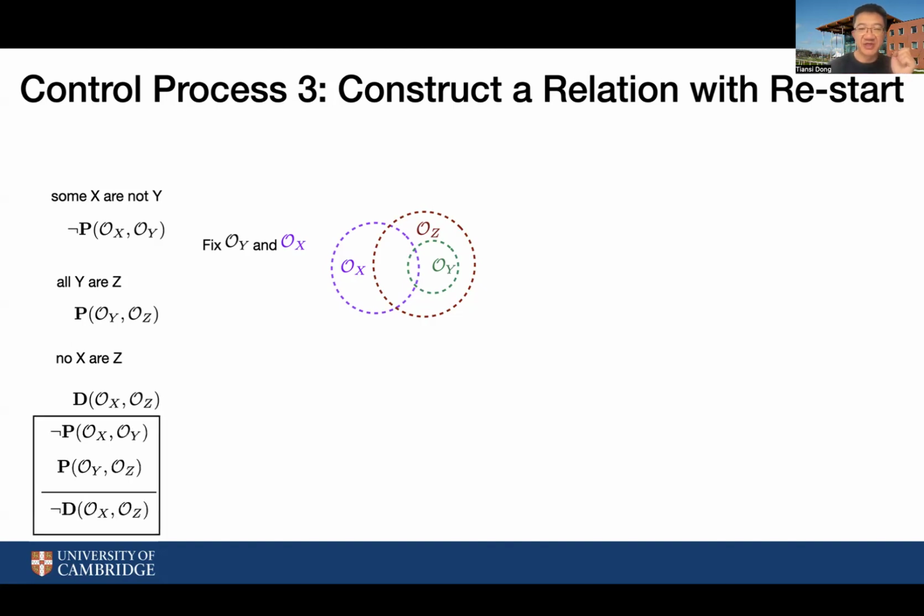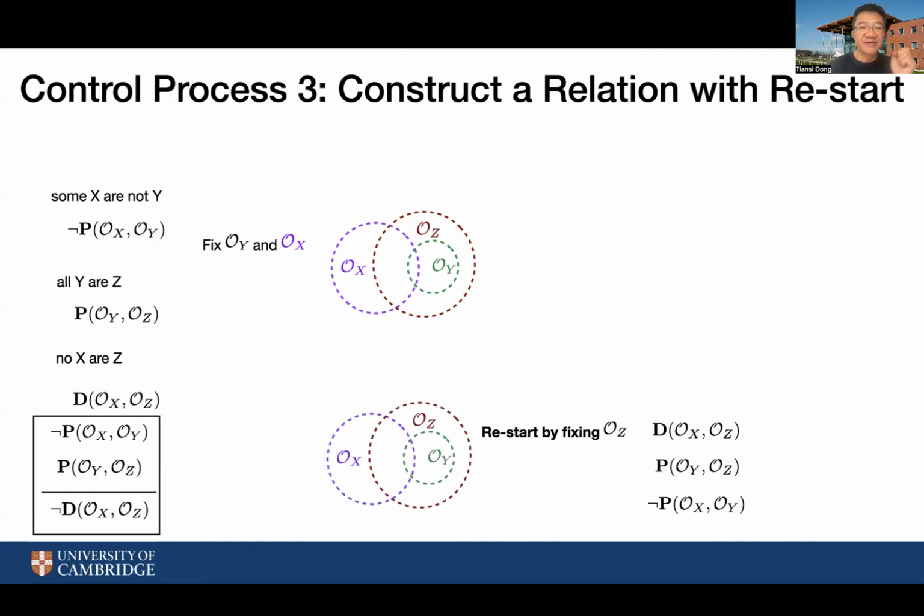For example, if we fix Z, then Z is disconnected from X, so it will push sphere X away from Z till it's disconnected. And then Y is already inside Z. In that case, the relation between X and Y is correctly realized.